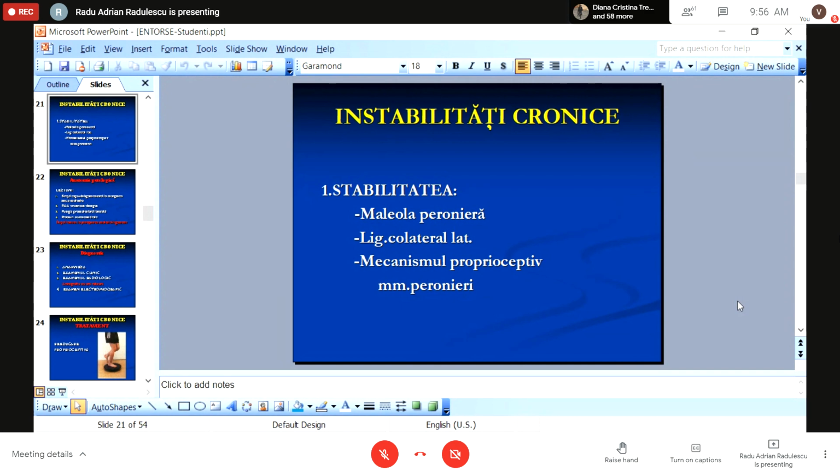When this mechanism will be brought back, then almost 50% of the patients will not need any further surgery because they will stabilize the ankle only by this active proprioceptive mechanism.